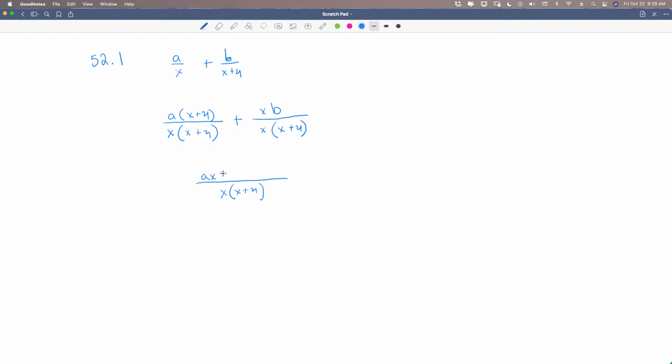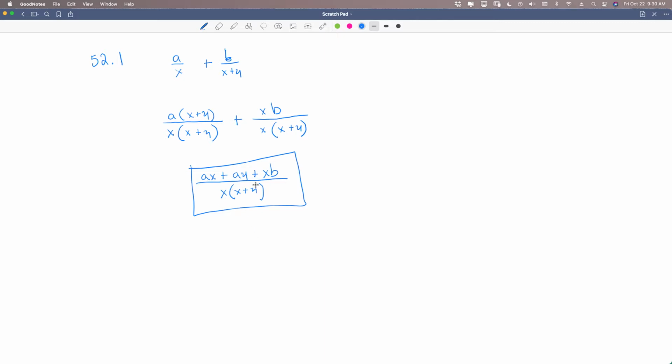Bring down our operator. A times y is ay, and then we have plus, and then x times b is xb. And that's how we would solve this. This is the solution to this problem. That's as far as we can go.